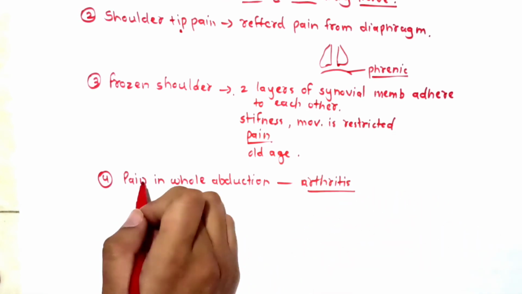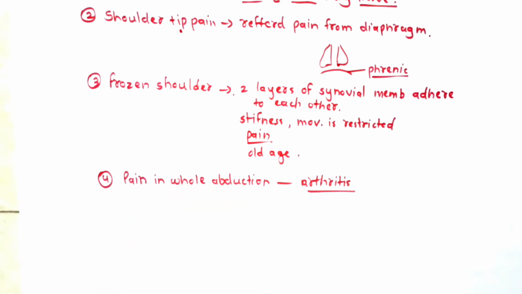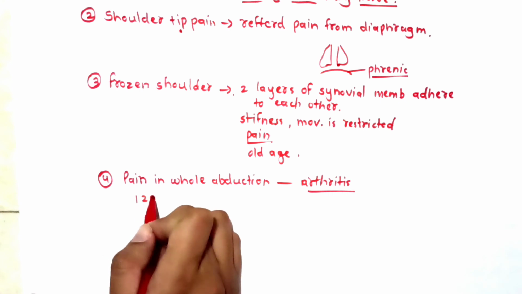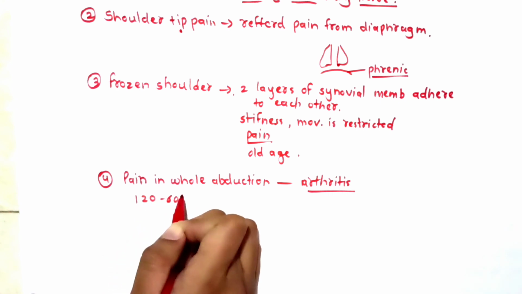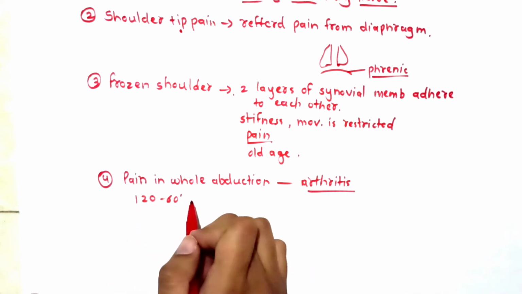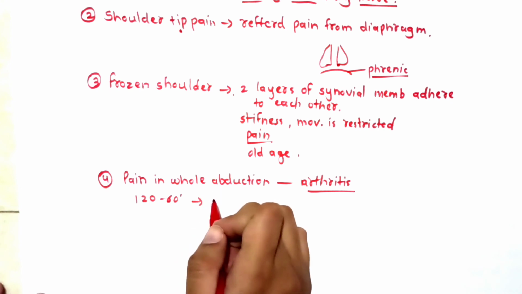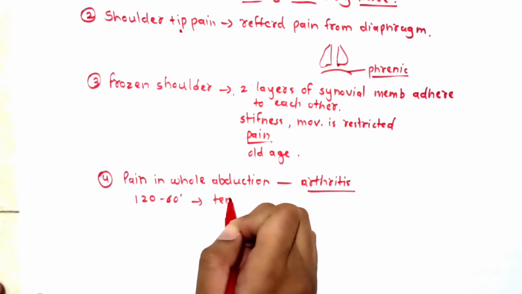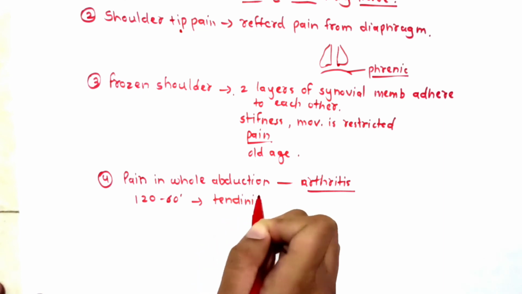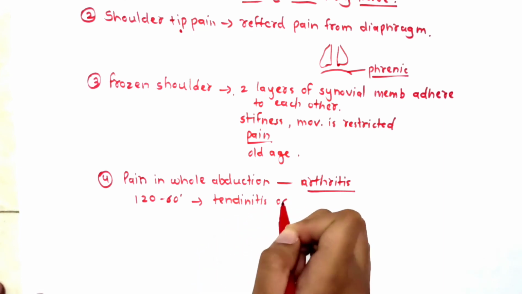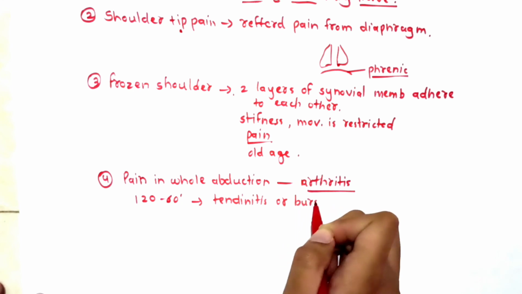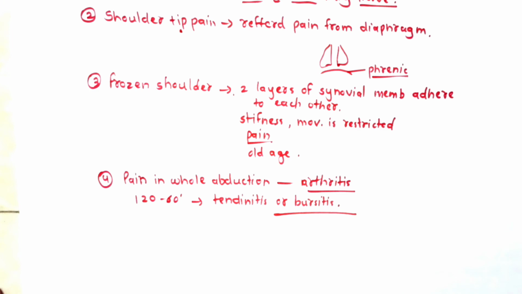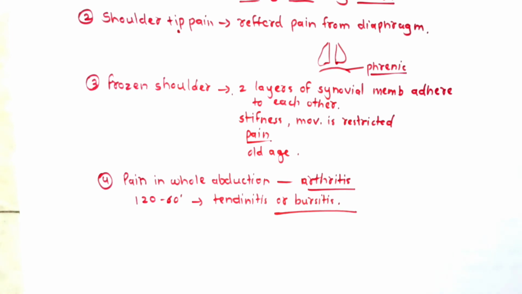And if you have pain at specific angles of your abduction, that is from 60 to 120 degrees, it indicates inflammation in your bursae or tendons, that is tendinitis or bursitis. These are some clinical points of the shoulder joint.